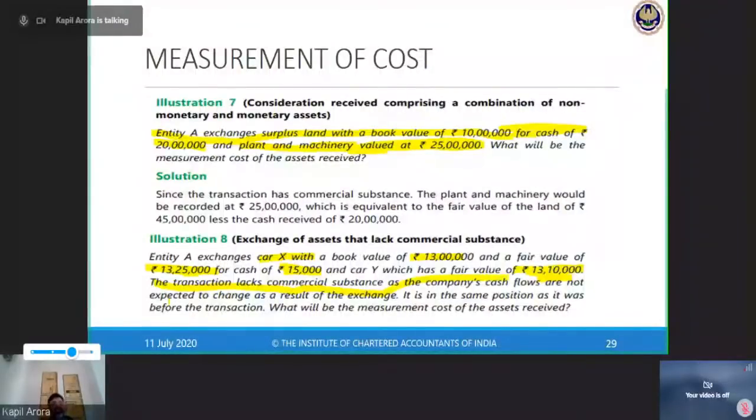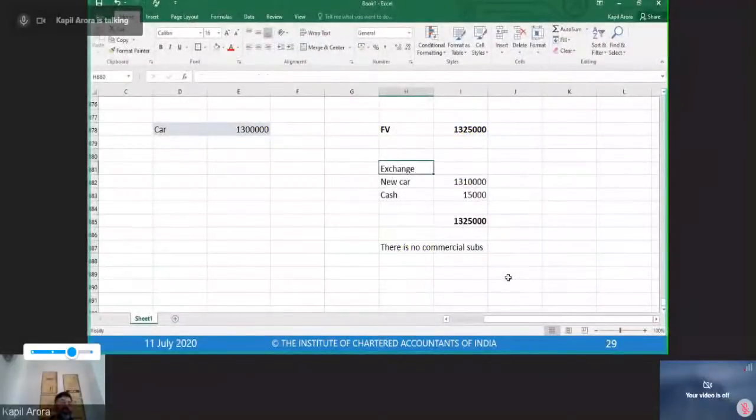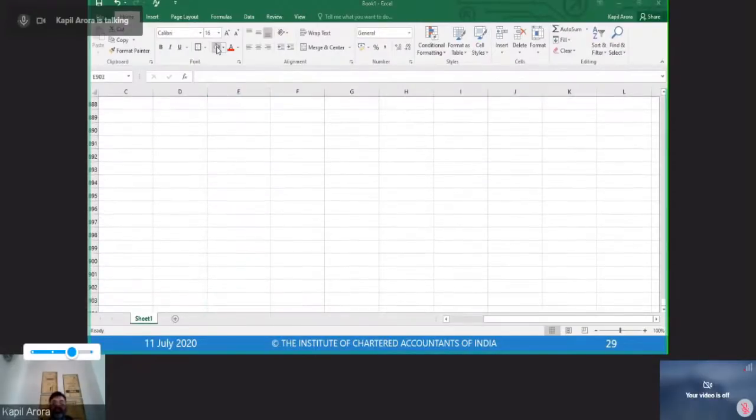So in that case, we will record the car at 13 lakhs only, as the value of the old car in the books, if the fair value of the asset given up or asset received is not reliably measurable. I hope everyone is clear with the concept here.